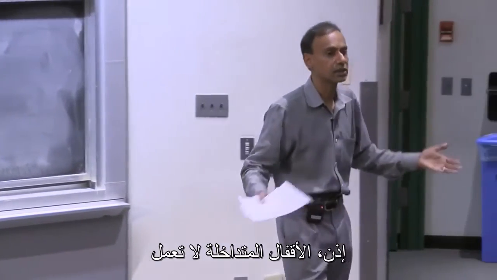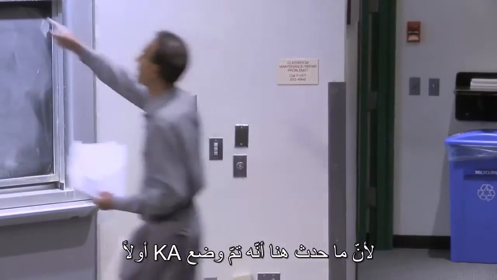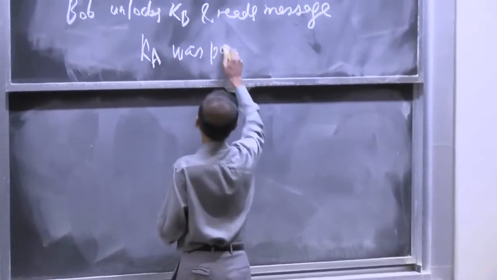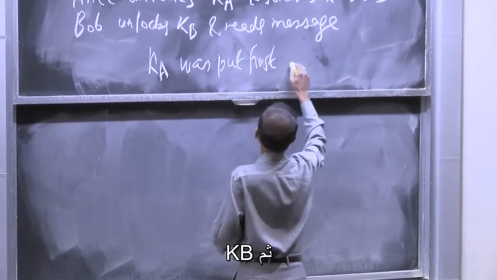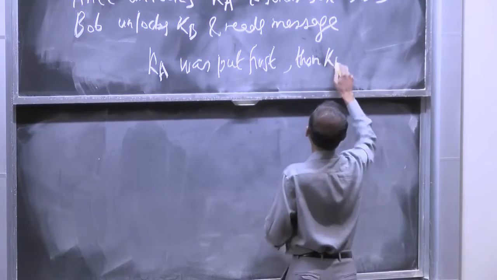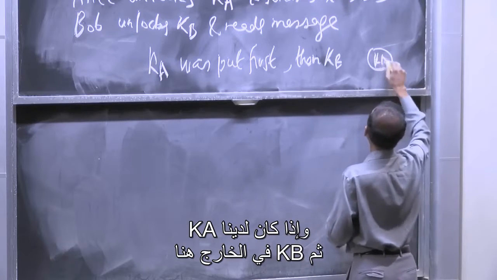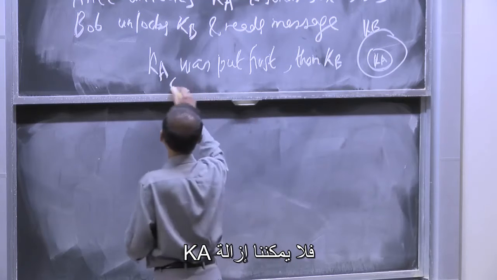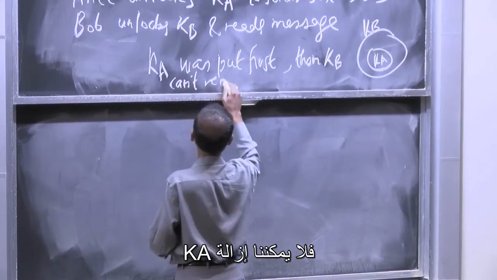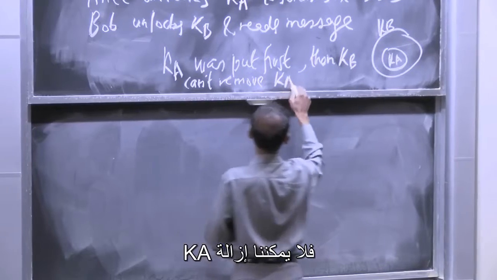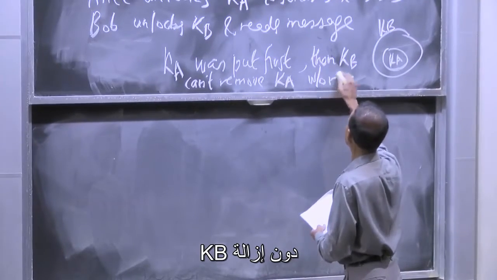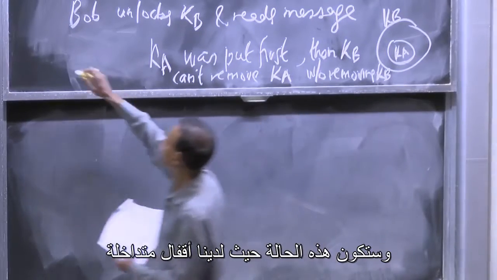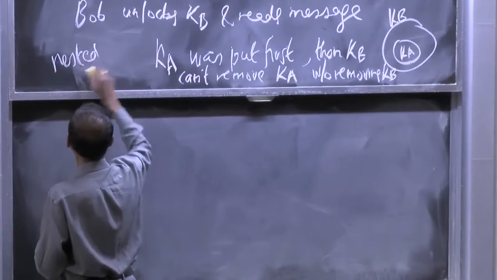So nested locks actually don't work, because what happened here is that Ka was put first, then Kb, and if you had Ka and then Kb out there, then you can't remove Ka without removing Kb. And this would be the case where you have nested locks.